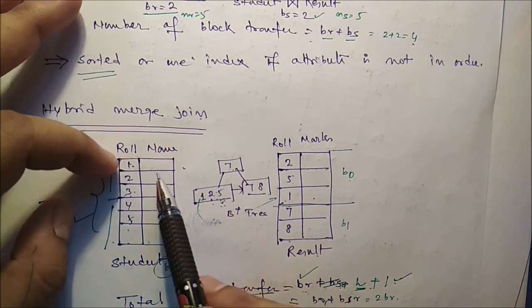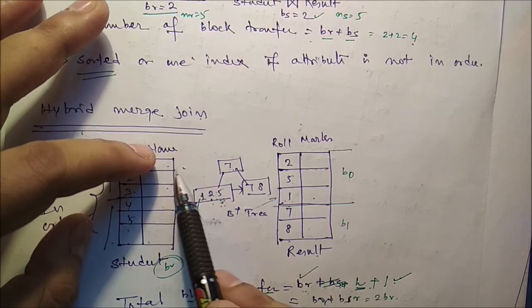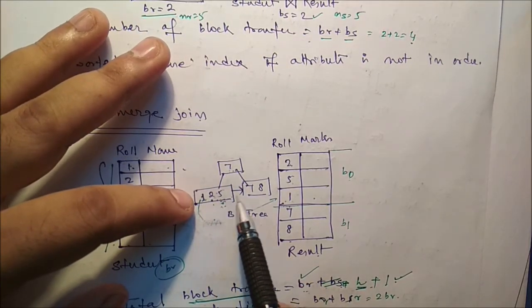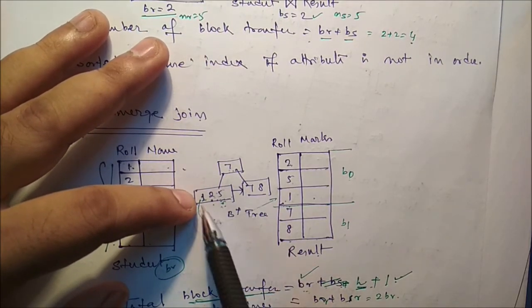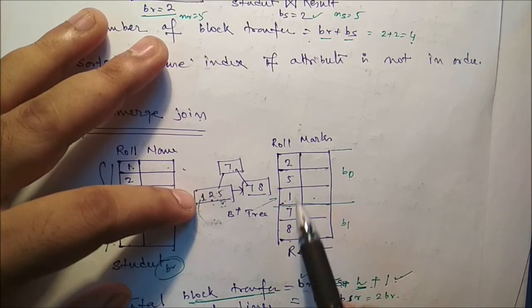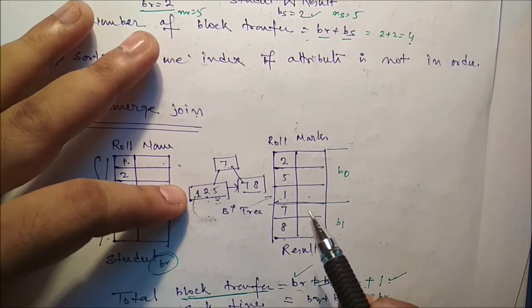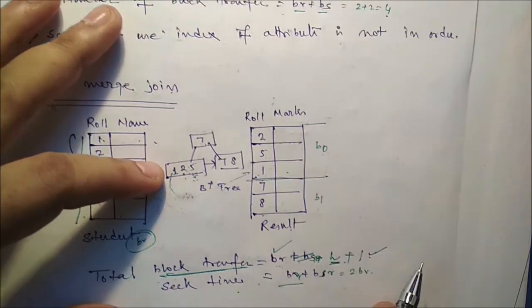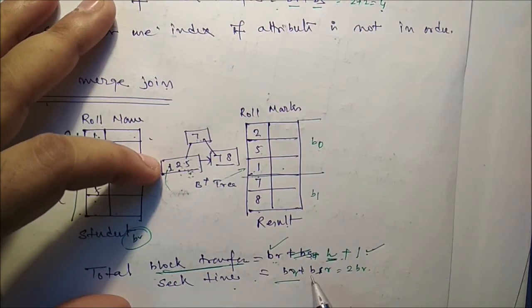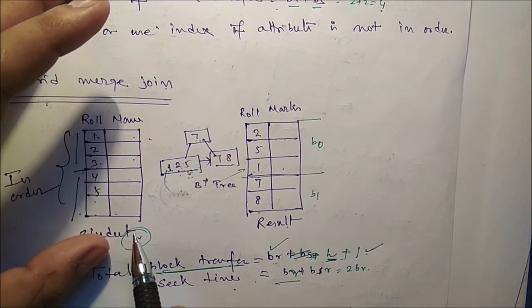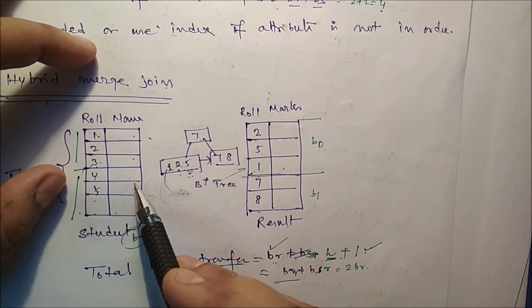Now for each and every record, 1, 2, 5, 7, 8, we have to identify where this particular block is present. In that case we have to apply another inner number of, so here the total inner number of data are there. So it should be BR plus inner.